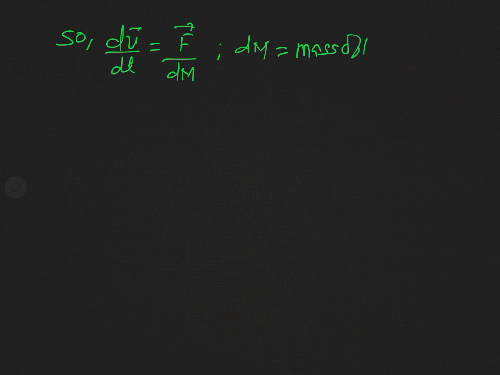This will be equal to F divided by dm. Here dm is the mass of the volume element. This is the mass of the fluid in the volume element.